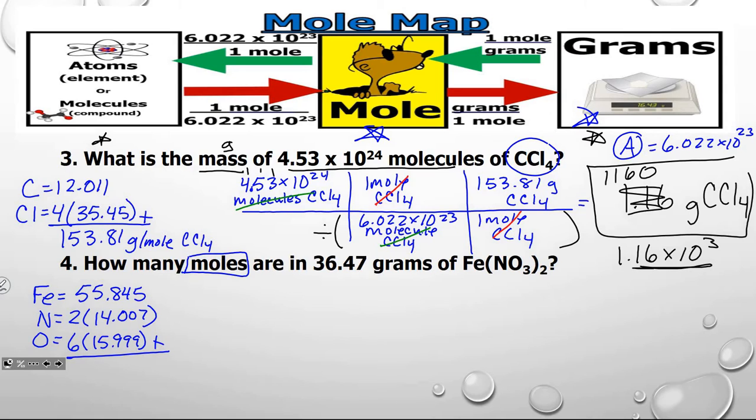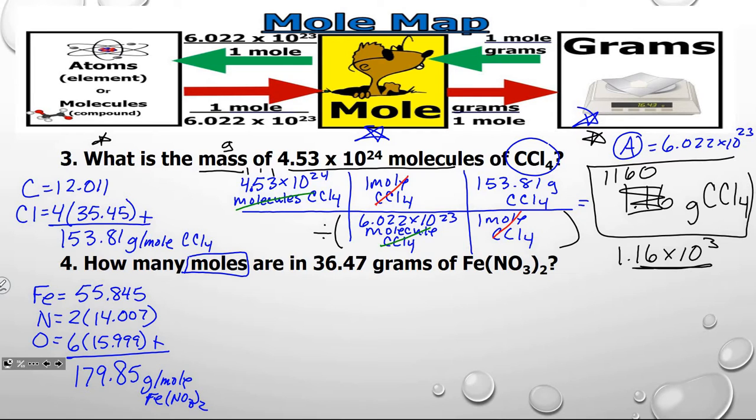Add that up. 179.85. That's grams per mole of iron 2 nitrate.